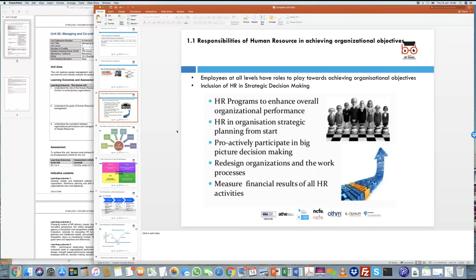So when we look at HR in particular, they are responsible for creating some sort of mind map or structure which shows the roles and responsibilities of people in the organization at all levels.